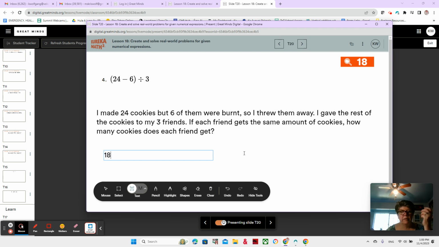Divided by, see if I can copy this division sign. No. The only way to do a division sign on a computer, there's a certain keys you can do where you can copy and paste it. I'm just going to write divided by 3. And that would be 6. So each of my friends got 6 cookies.